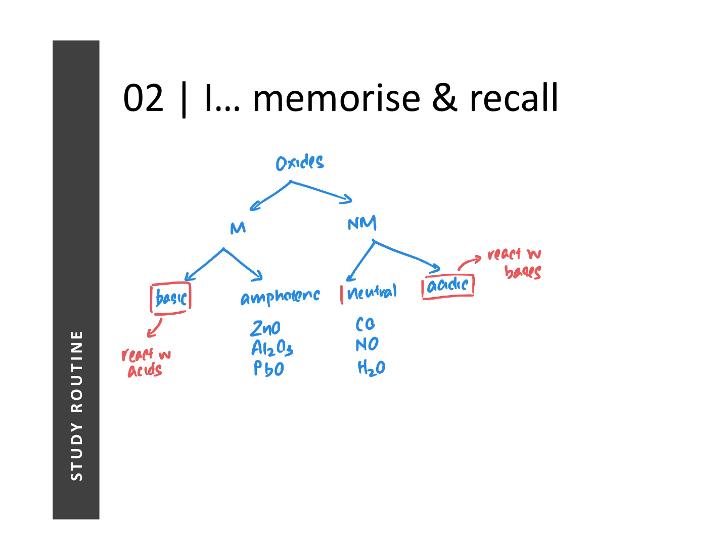Neutral oxides, as the name suggests, are neutral, so they do not react with acids and bases. For amphoteric oxides, we are left with the last permutation: they react with both acids and bases.